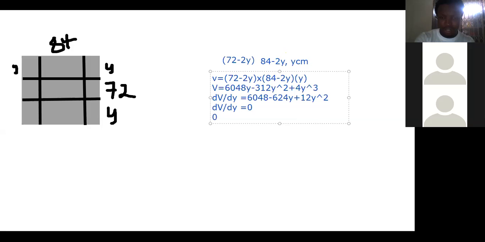So 0 is equal to 6048 minus 624y plus 12y squared. What are you getting? y will be equal to what?